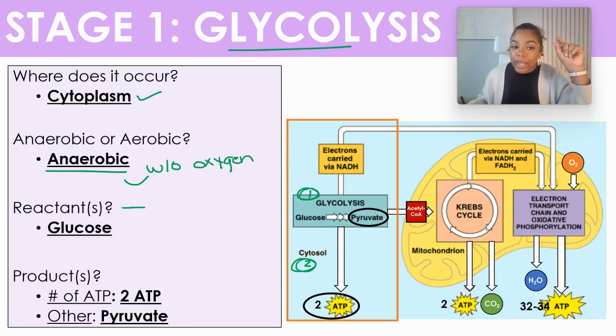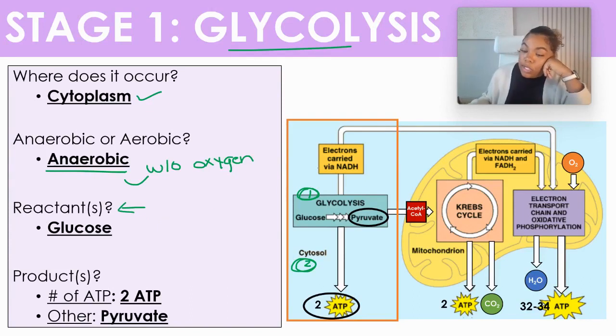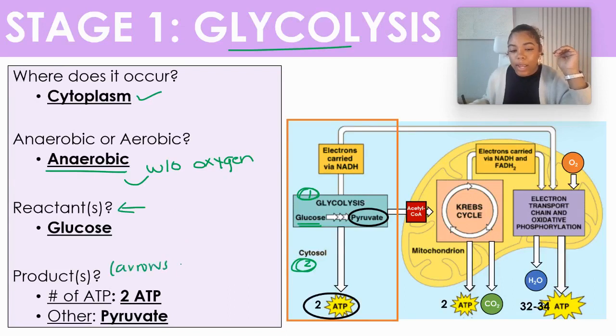When we look at reactants of glycolysis, you want to look at the arrows that are pointing into glycolysis. So what is being taken in? And according to our diagram, we are taking in glucose. When we look at what is being made, we're looking for the products or the arrows that are pointing out.